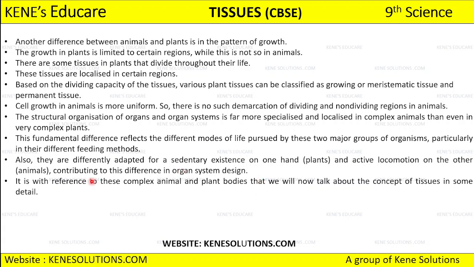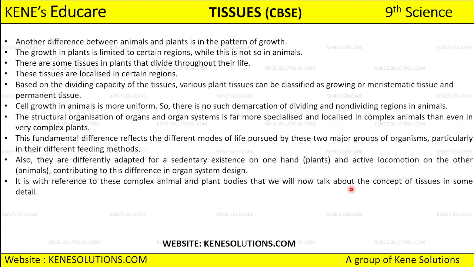So it is with reference to these complex animal and plant bodies that we will now talk about the concept of tissues in some detail. Now, as we have these complex plants and complex animal bodies together, we are going to discuss in detail the concept of tissue. Okay, and what is tissue?